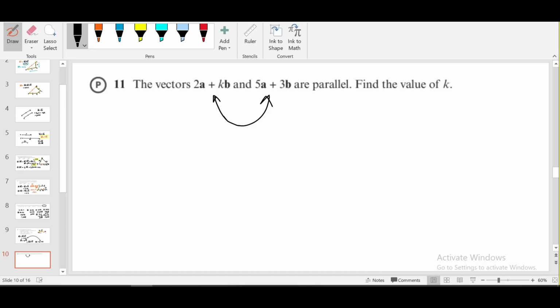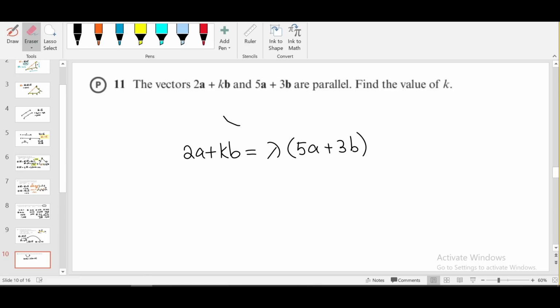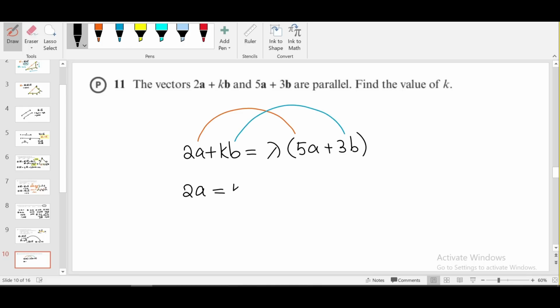So we are going to write one vector is equal to lambda times the other vector. Okay. So if two vectors are equal, you can compare the corresponding elements. a should be equal, and b should be equal also. So I'm going to write it as 2a is equal to 5 lambda a, and kb is equal to 3 lambda b. Understand what I'm doing?